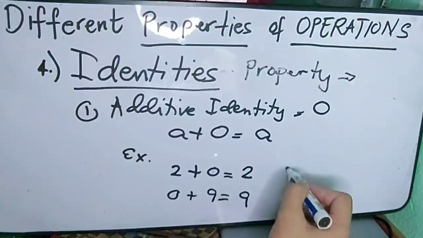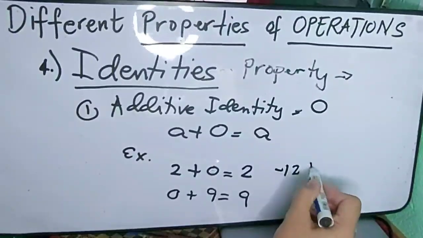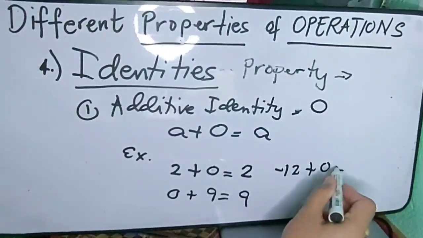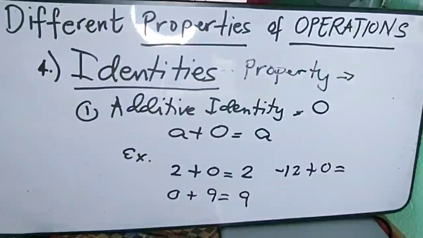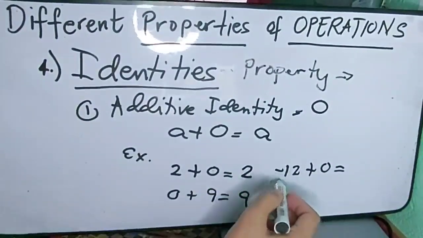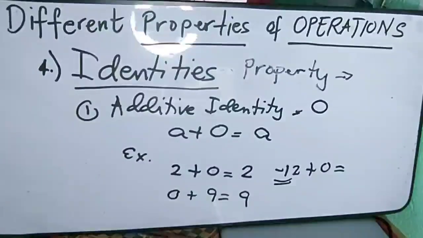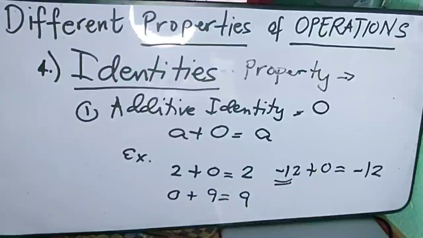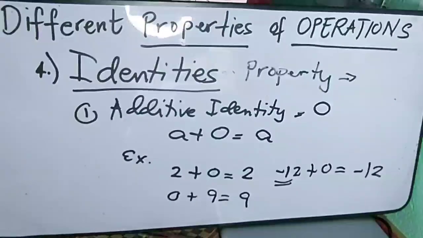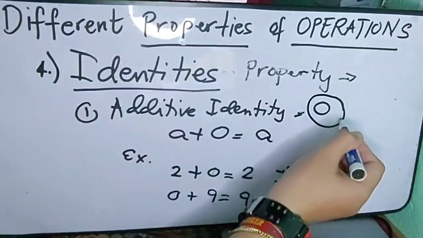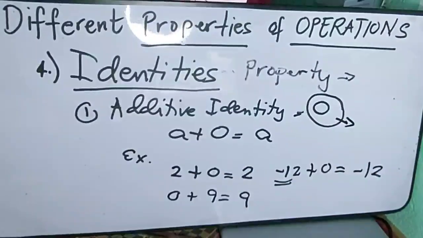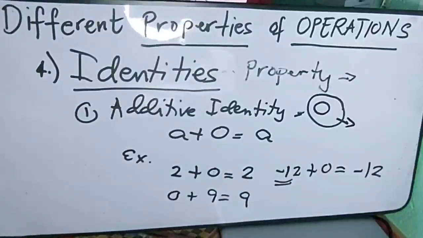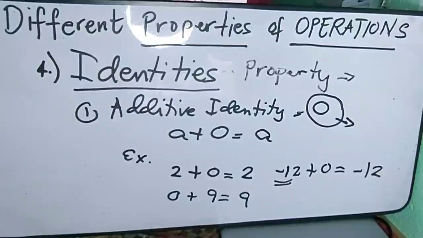Let's have another example. Negative 12 plus 0. The number to be added to 0 is always the answer, so negative 12. Again, what is the additive identity? 0. Take note of that.